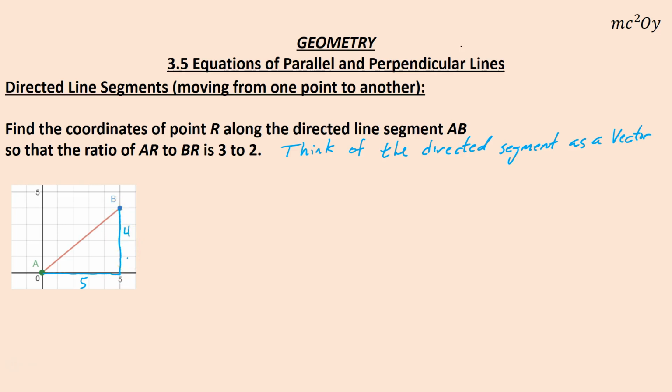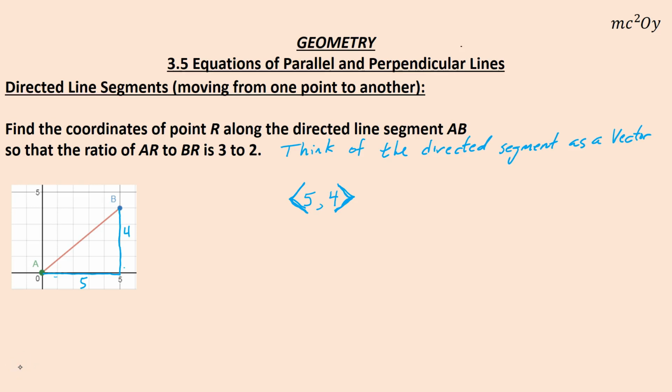I'm going to write that in vector notation using these types of brackets. So I'm going 5 on x and 4 on y. If I was going down 4, I'd make it -4. If I was going to the left 5, I'd make that -5. This is a vector notation, just showing the direction of the vector from (0, 0). Okay? All right.